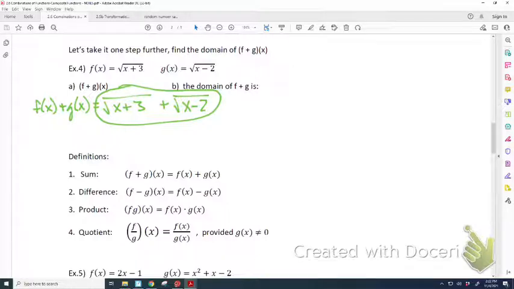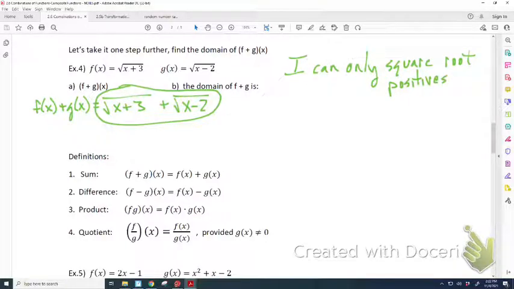Domain is tricky. I can only square root positives. So when I talk about the domain, what x is allowed to be, I have to make sure that under the radical, I have positives.